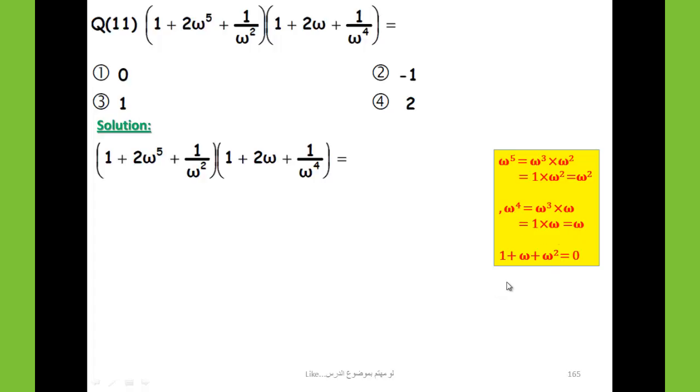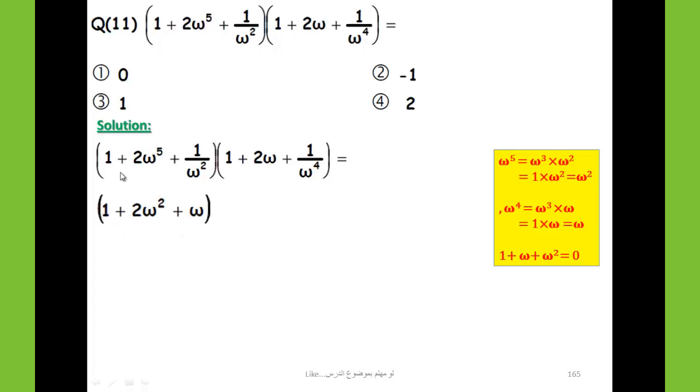And if 1 plus omega plus omega square equals 0, so we can say that 1 plus omega equals negative omega square. 1 plus omega square equals negative omega. Omega plus omega square equals negative 1. And we will use these properties to solve this problem.